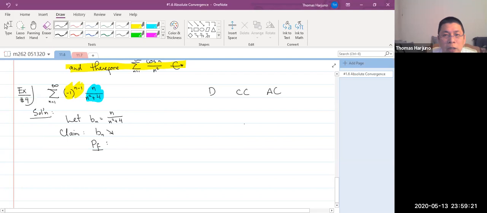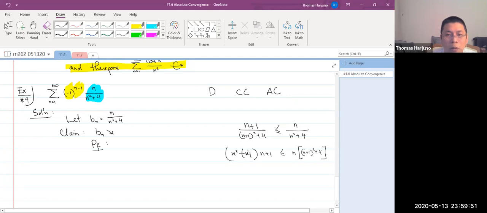So let me do it aside. First, n plus 1 over n plus 1 squared plus 4. I need to show this, and for that to happen, I need to have n squared plus 4 times n plus 1 less than or equal to n times n plus 1 squared plus 4. That seems to be a lot to do. I honestly don't really want to do that.